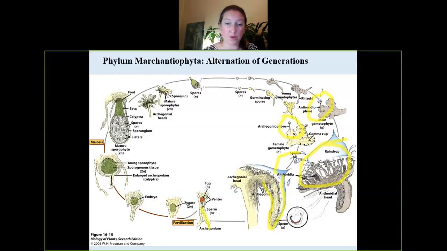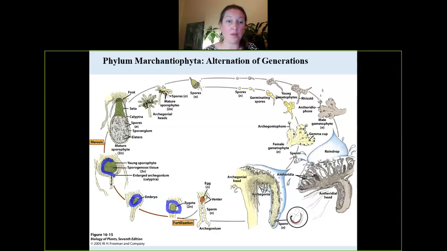Here's the sperm swimming into one archegonium. Here's an egg. They fuse together to create your 2N zygote, which is still in the archegonium, right? Because that's where the egg was. It's going to grow into your embryo.